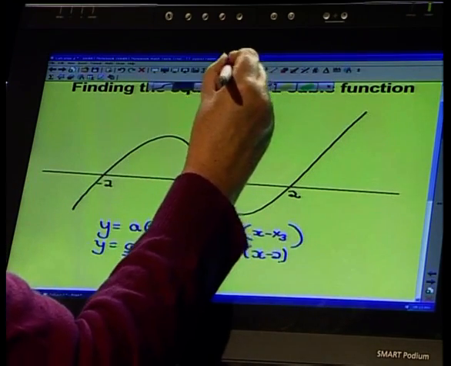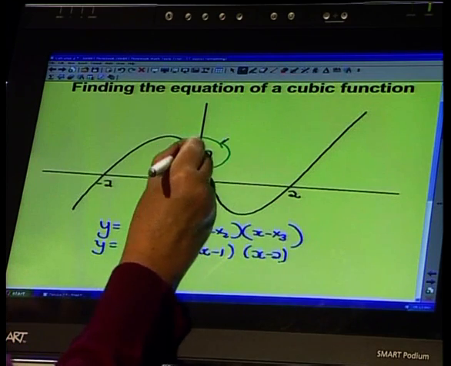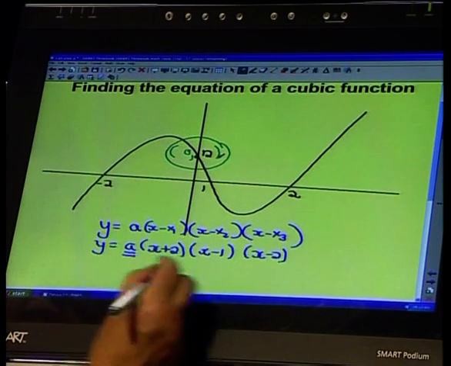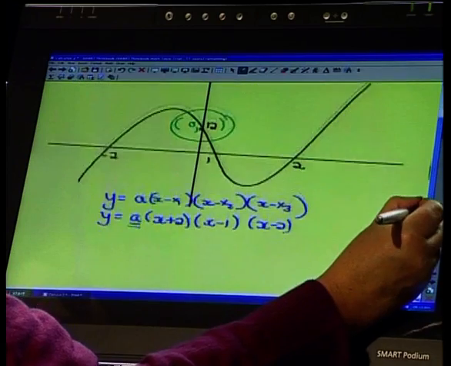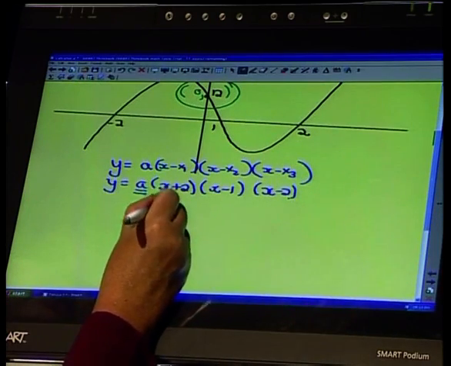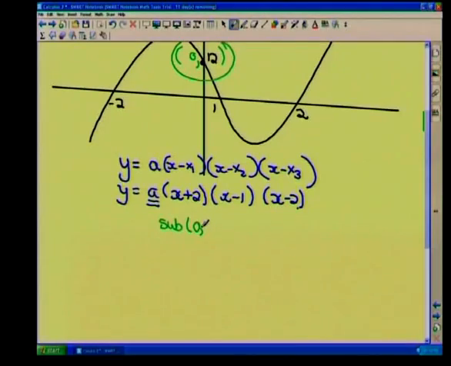And do we have another point? Most definitely we do. We know this coordinate. This coordinate is 0, 12. So let's go along and substitute in 0, 12. So wherever there is an x, I'm going to put a 0. And where there's a y, we're going to put a 12. So 12 is equal to a, 0 plus 2, 0 minus 1, and 0 minus 2.